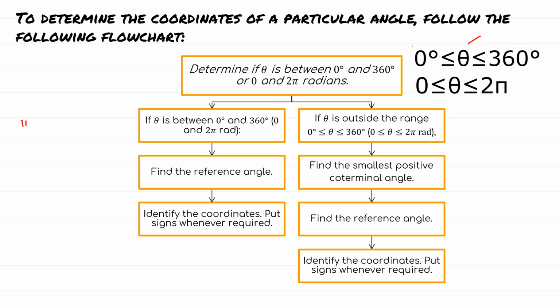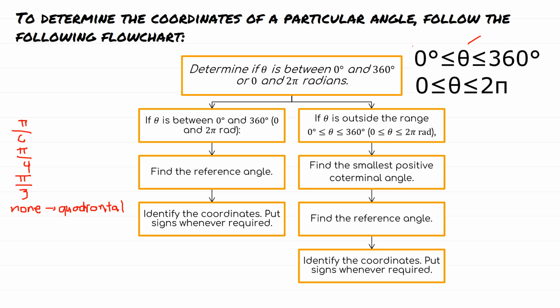Kung ang reference angle mo ay pi over 6, pi over 4, o pi over 3. Pwede rin ang reference angle mo wala. Kapag wala kang reference angle, it is implied na quadrantal yung angle mo. Kaya wala tayong problemahin.